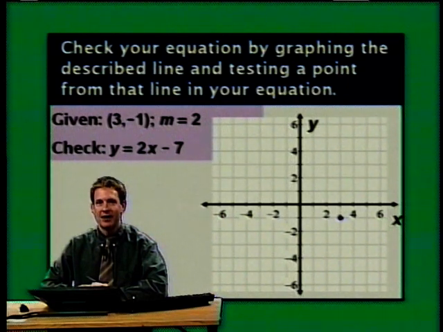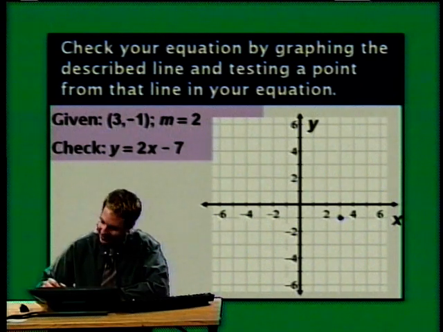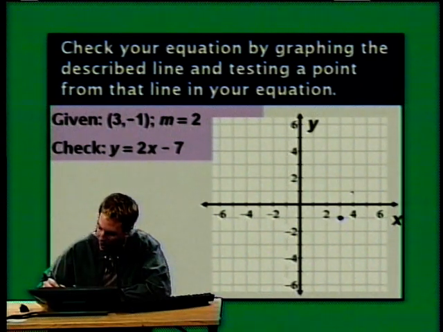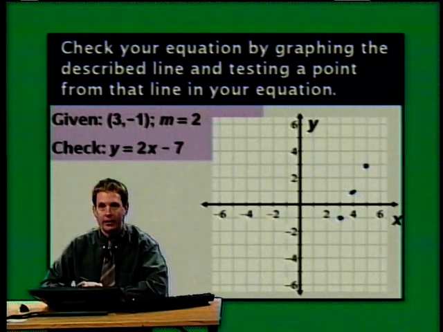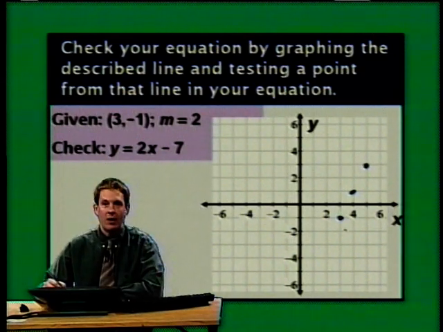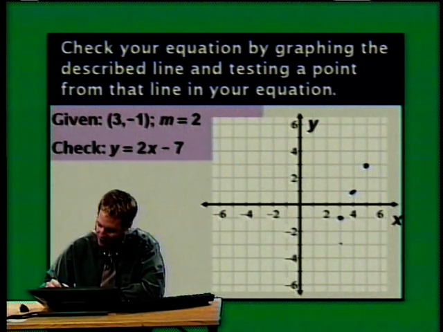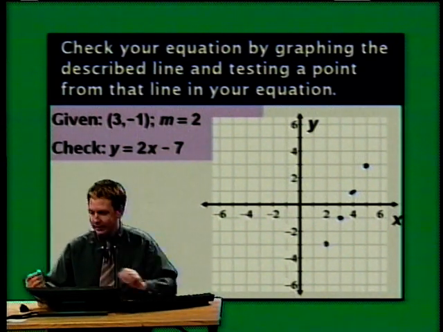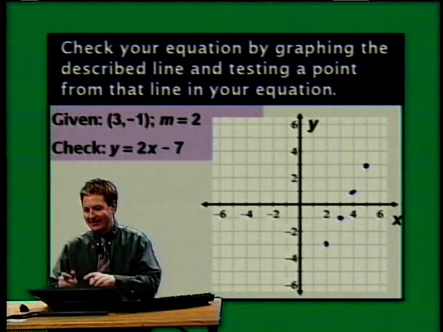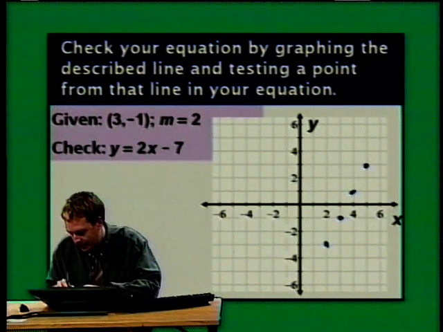I can think of 2 as 2 over 1. That would be a rise of 2, a run of 1. Let's rise 2, run 1. I also could go -2 over -1. Rise -2, run -1. Let's get out the straight edge and connect the dots.